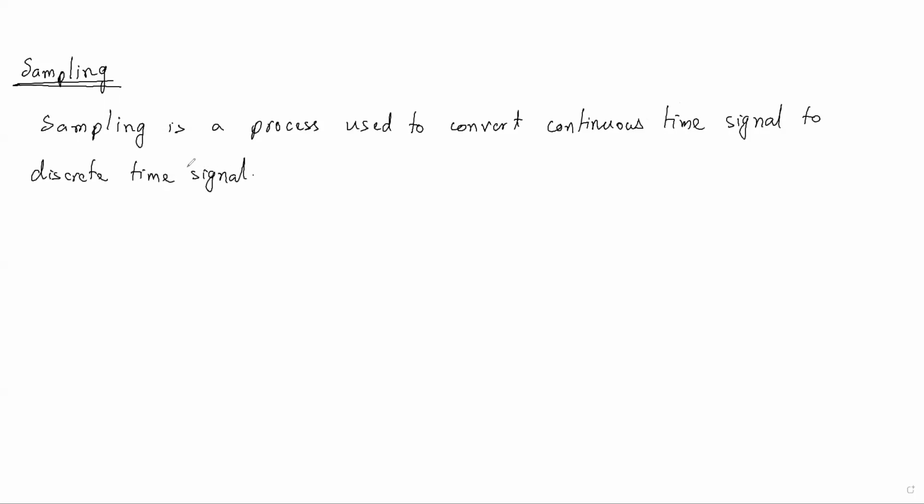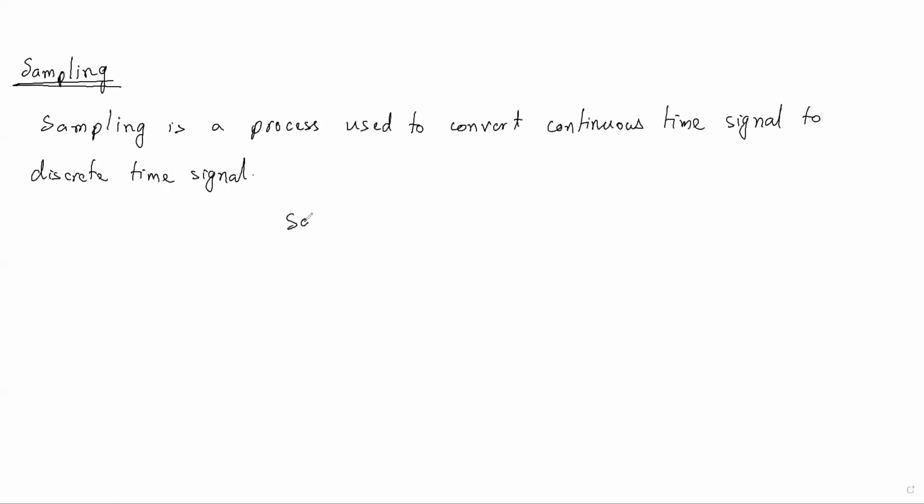It is a process to convert a continuous time signal into a discrete time signal, and discrete time signal means we take some instants of the signal. We take the information of the continuous time signal only for some discrete set of times.